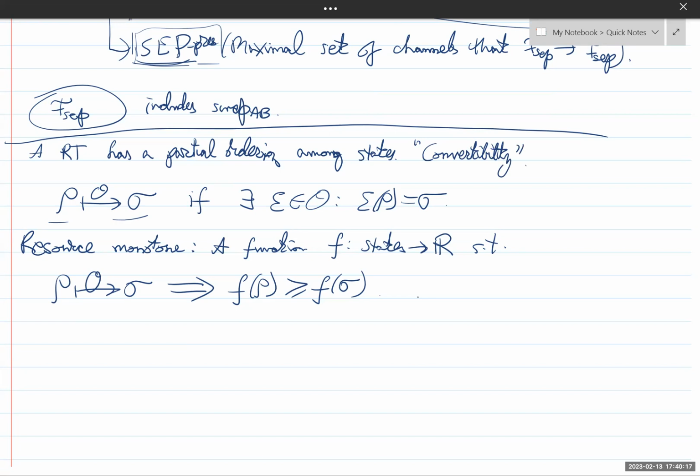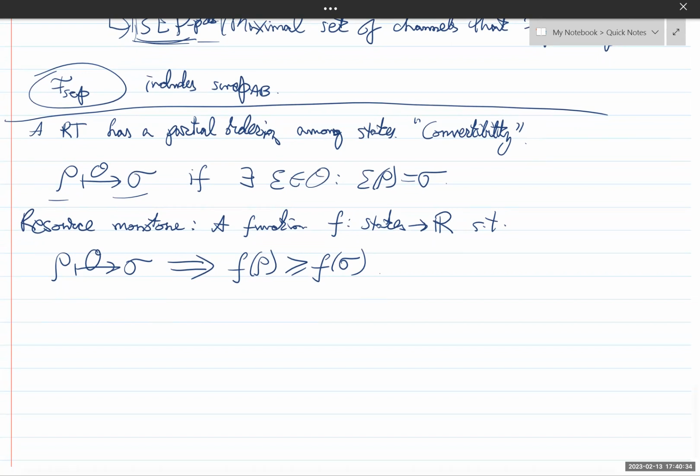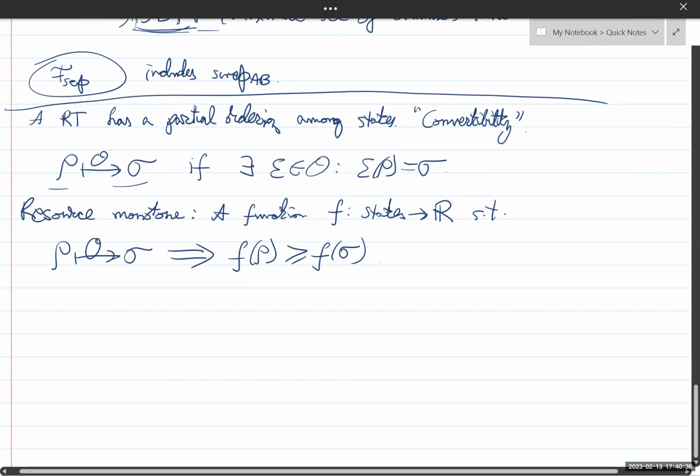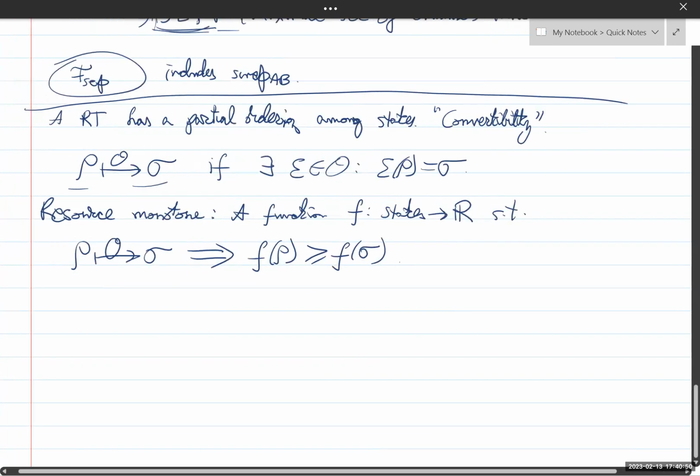I see, but here essentially the monotone only provides you the information that if f of rho is not larger than f of sigma, then you know that it cannot be generated by a free operation. But if it is, you still don't know if you can generate one from the other. Yeah.